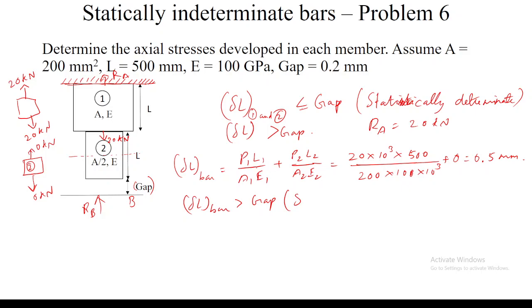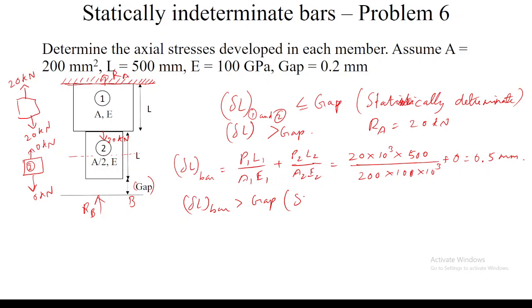And area and length, all I will substitute in mm, so that the result I will get is in mm, because force is in Newton and E value is in megapascal, which is nothing but Newton per mm square. Okay, so the result I will be getting in mm.